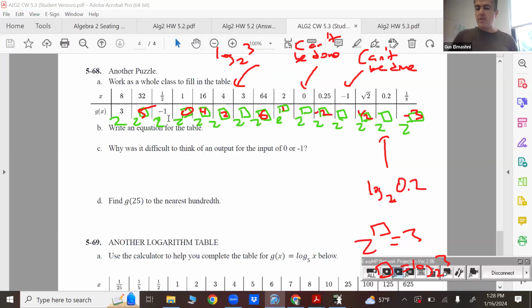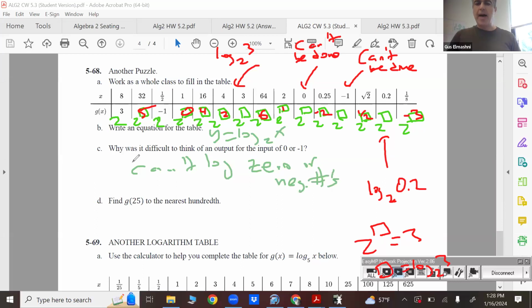So anyway, the equation is log base 2 of x. I know it's a little bit of a long-winded explanation. So y equals log base 2 of x. The difficult thing is to think of an input when thinking of an output. And that's because you can't log 0 or negative numbers.